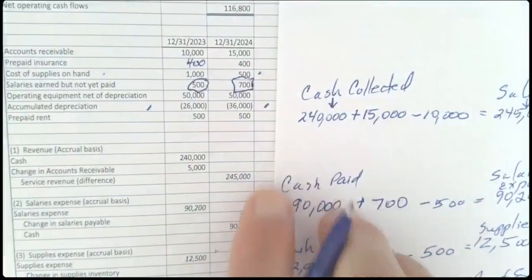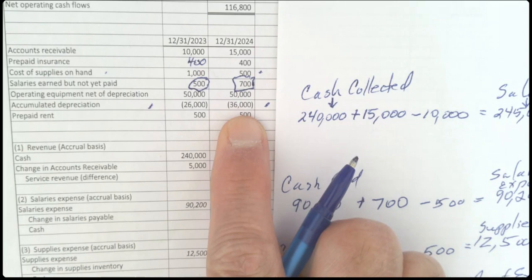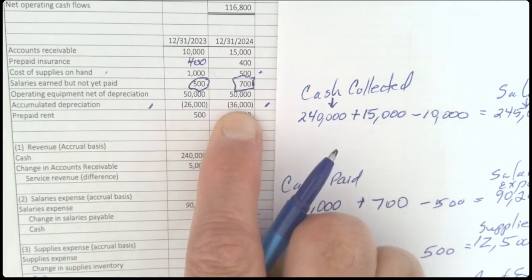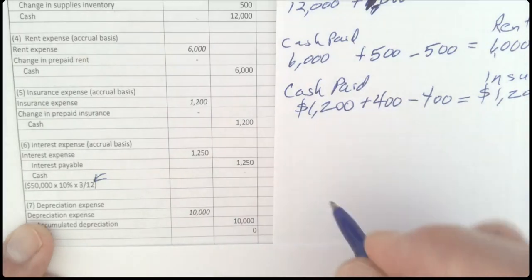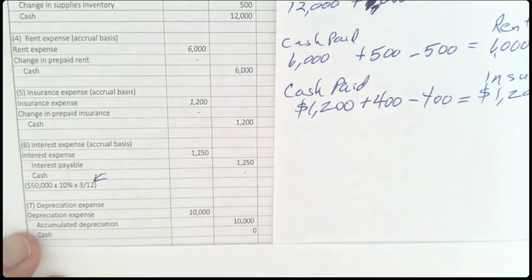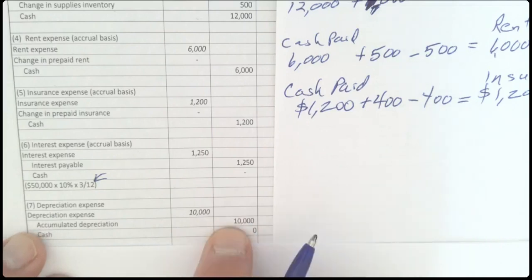I said it went from 26 to 36. That wasn't given in the facts, but I just made numbers up so that you can see that that's how it would work. And then therefore depreciation expense is 10,000, even though cash was 0.